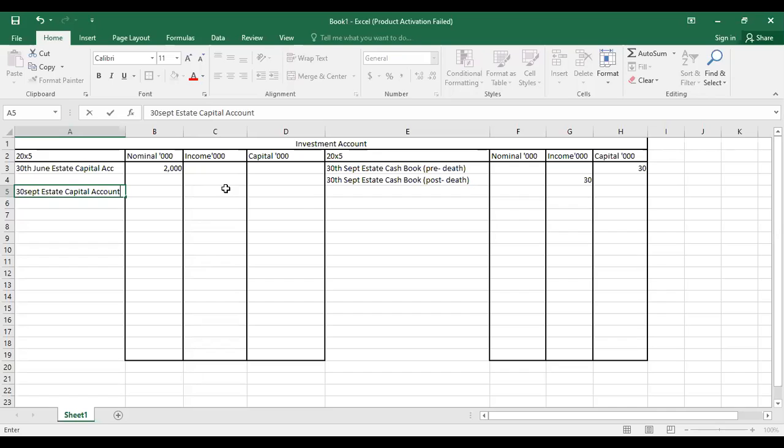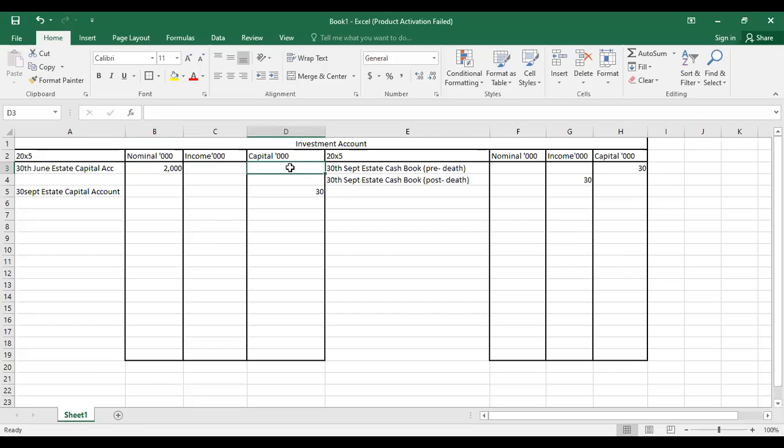So the amount that will go to the account will be this amount that was capitalized. So you are going to close that account with that amount. So what amount is left as capital? Which figure should we put here? This is nominal. Remember, the 2 million is nominal.